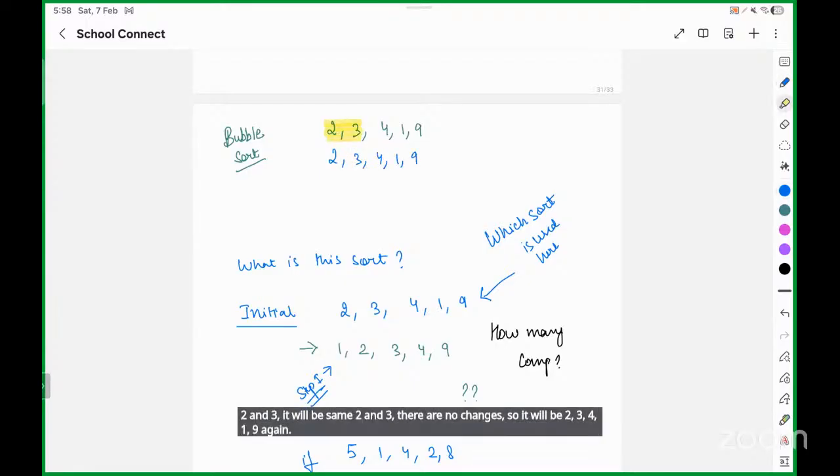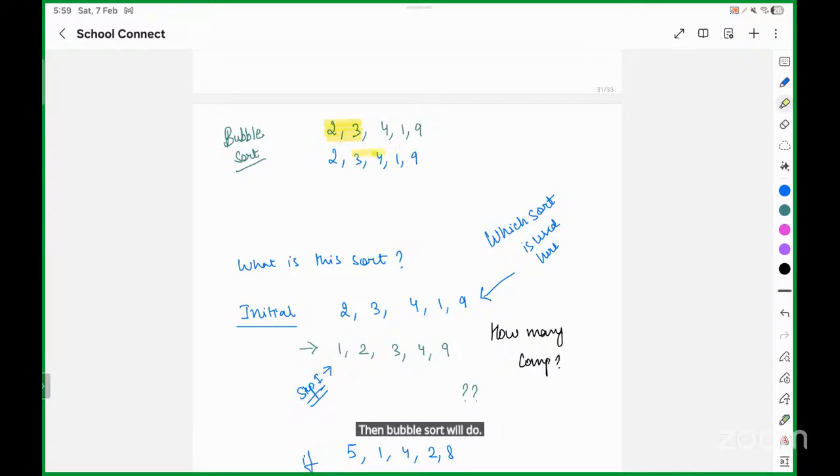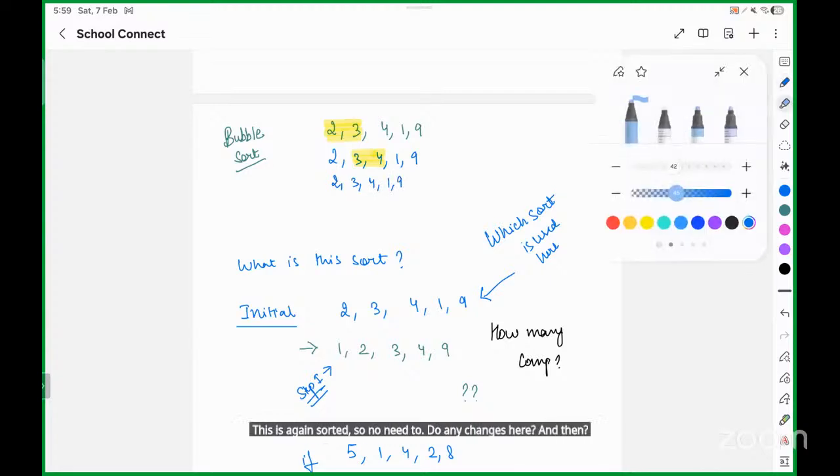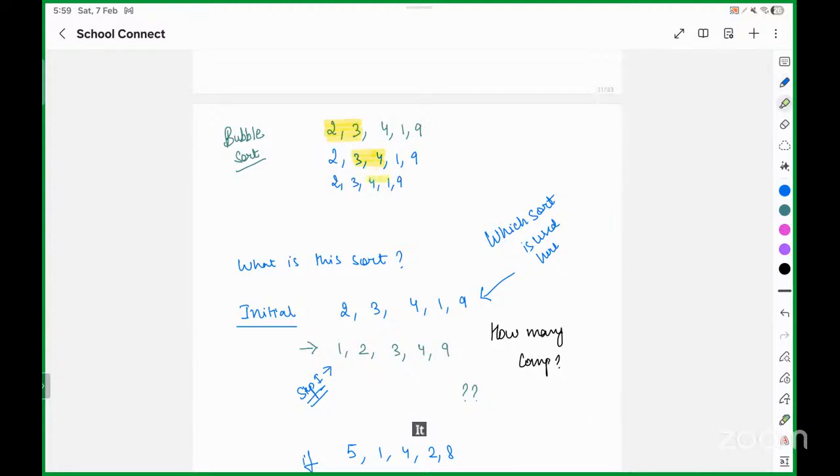Then bubble sort will compare 3 and 4. This is again sorted, so no need to do any changes here. And then it will compare 4 and 1. Since 1 is less than 4, it will be 2, 3, 1, 4, and 9.